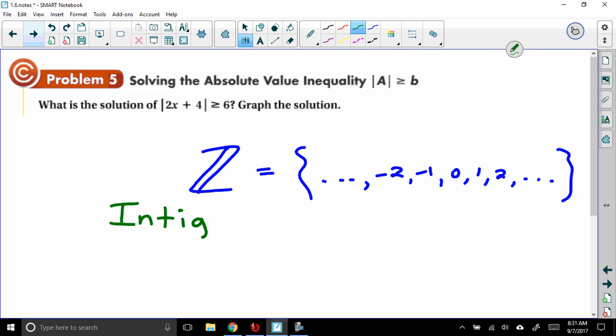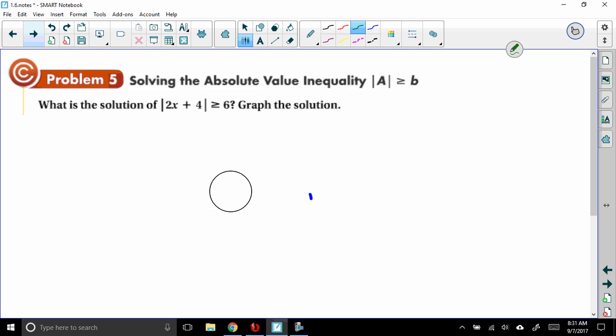Some people said it's the intigers. The intigers. Roar. Anyway, these are the integers. Anyway, mind your spelling on some of those things.